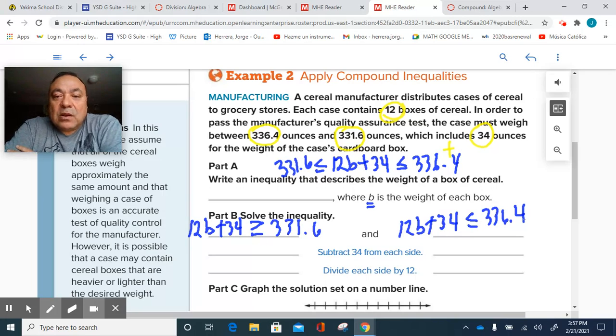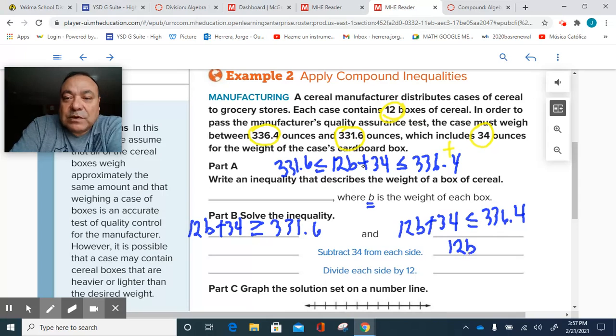What do you guys think about that? Pretty good, huh? They ask us to subtract 34 from each side. On this one it's going to be 12b after we subtract the 34.